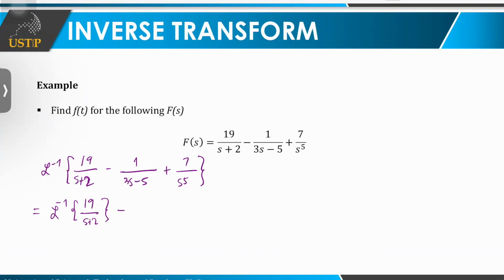So minus the inverse of 1 over 3s minus 5, plus the inverse of 7 over s to the fifth.